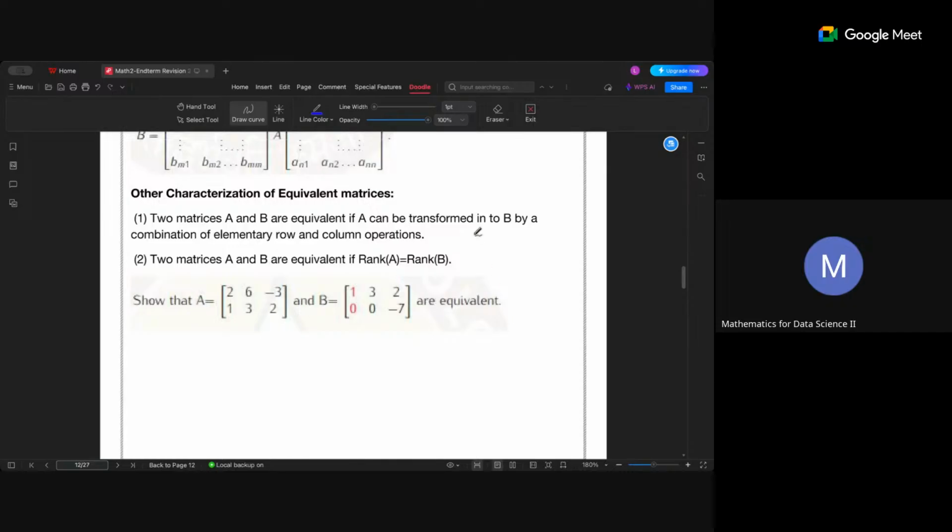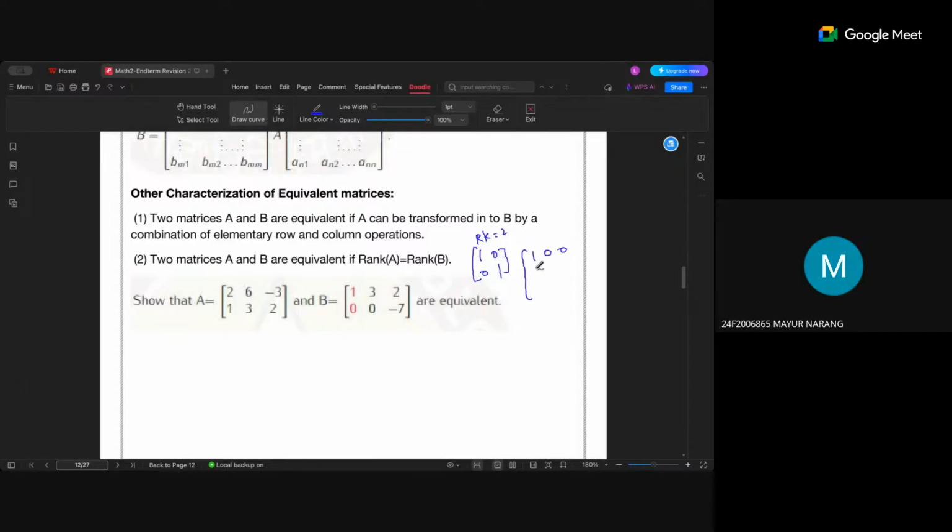Ma'am, rank of A equal to rank of B is the main check for equivalency, no? No, for example, let us say you have this matrix. What is the rank of this matrix? Rank is 2 for this matrix.